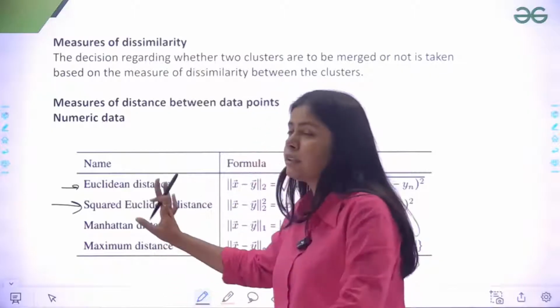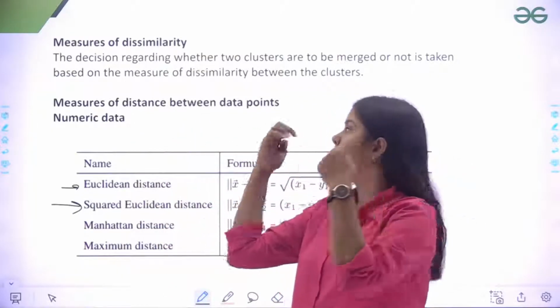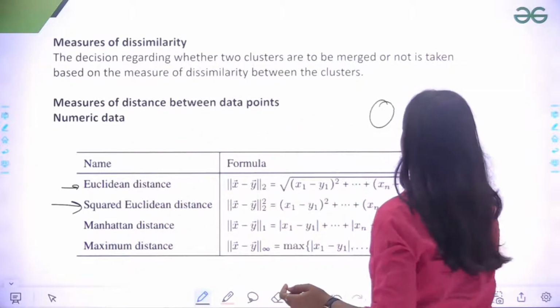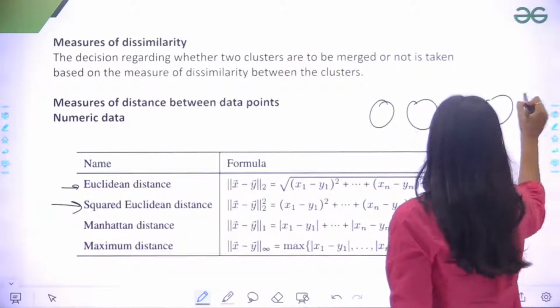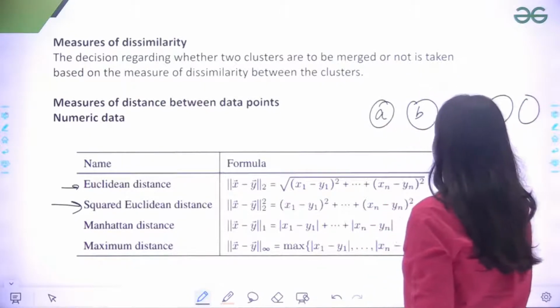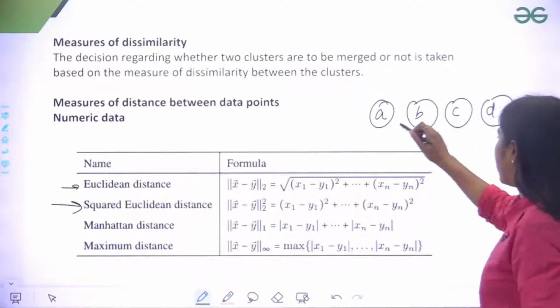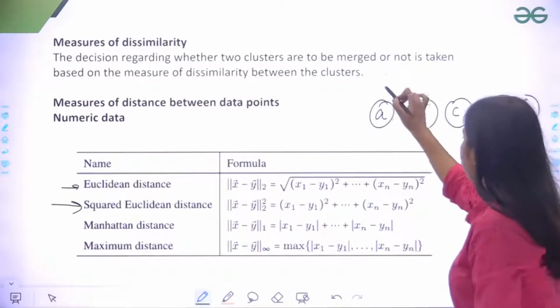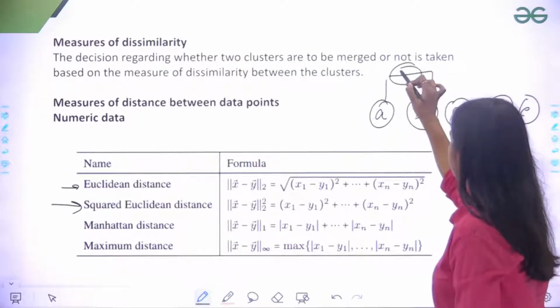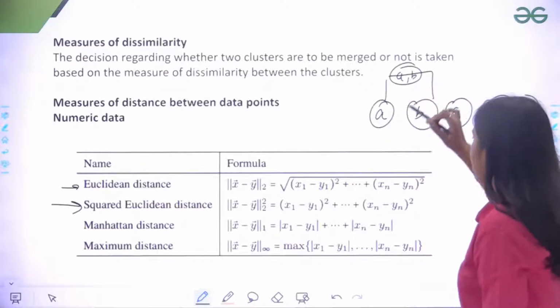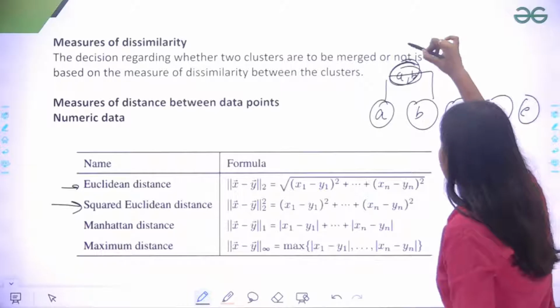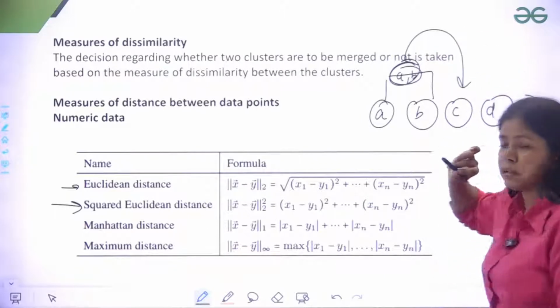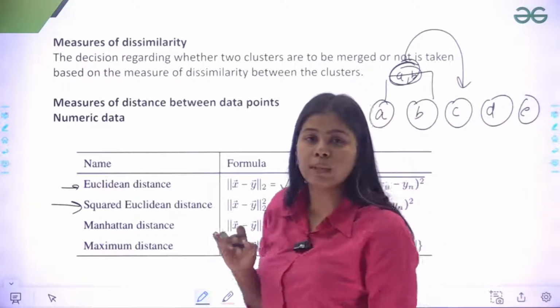But we have seen that if we have 5 points A, B, C, D, E, I can find the distance of A with B, B with C using these formulas. But suppose I form one cluster which has 2 points A, B. How do I find the distance of this cluster A, B with the point C?